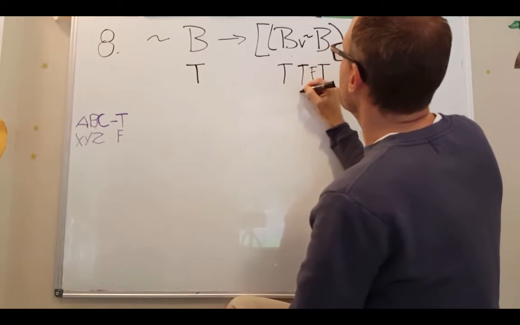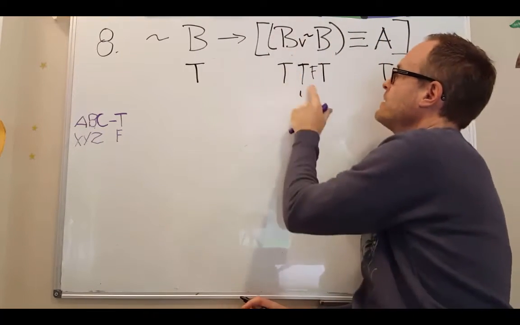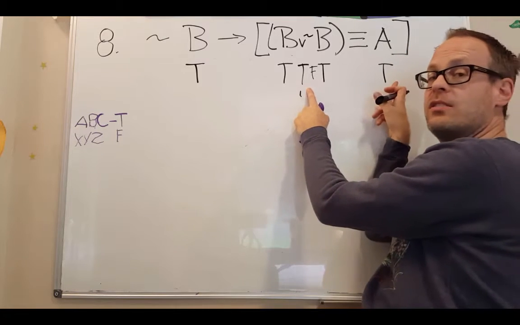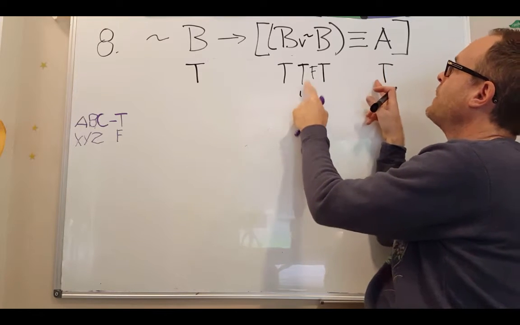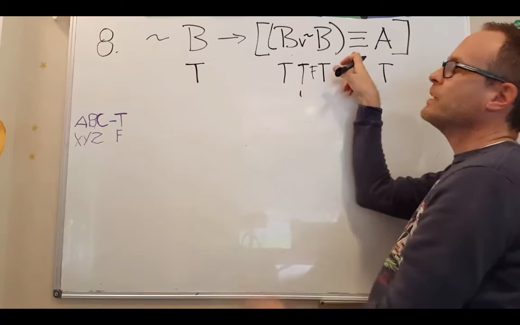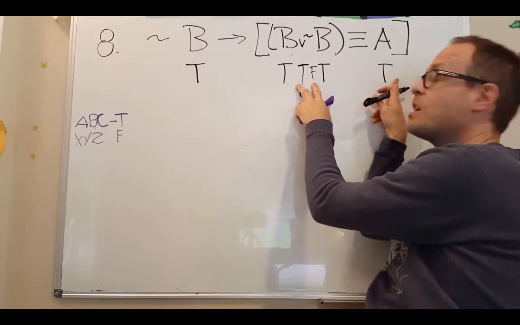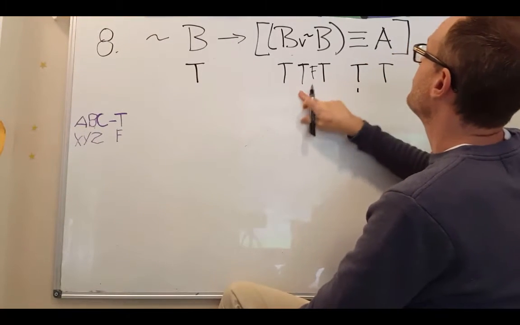So this is true, and I'm putting a little mark right here just so that I know where I am in all this madness, that this was true. Now, I'm going to evaluate this statement letter as true, and I'm going to say true, true under the equivalence means what? So in other words, we're saying if two statements are true at the same time, then they're equivalent, which would be true. So I'm going to put my T right here.